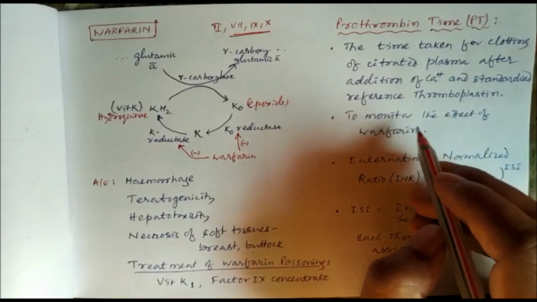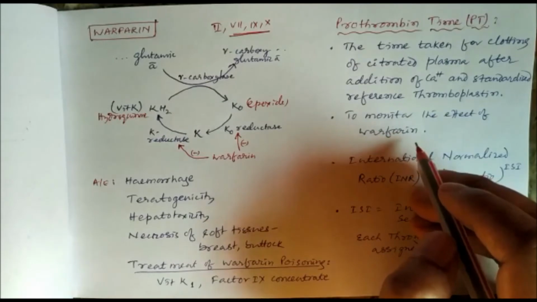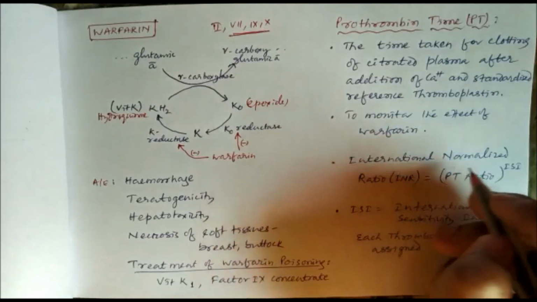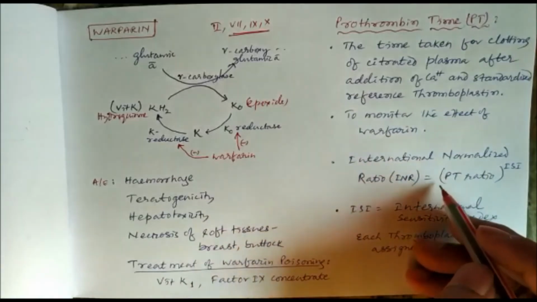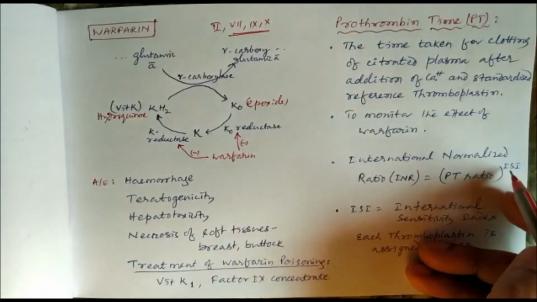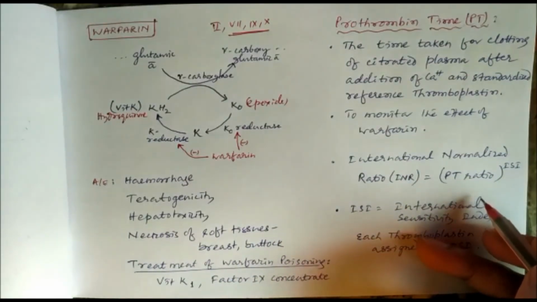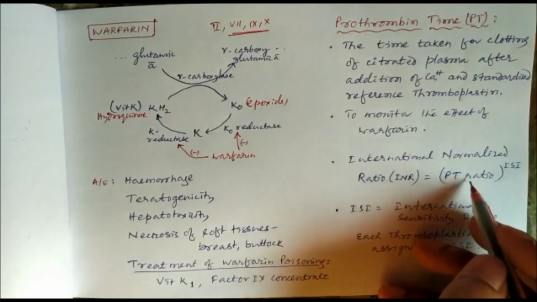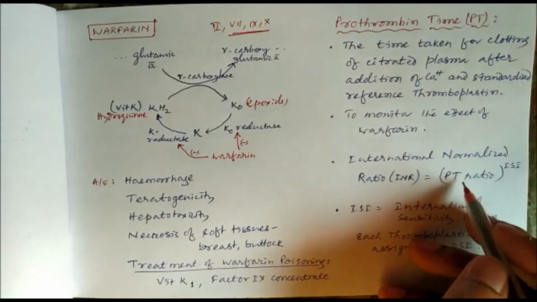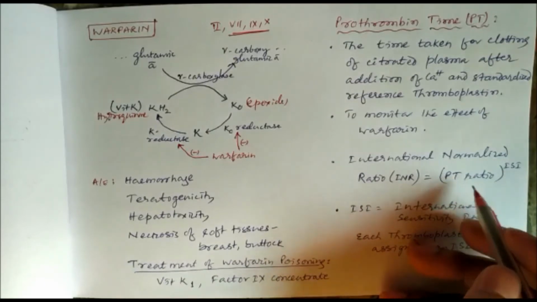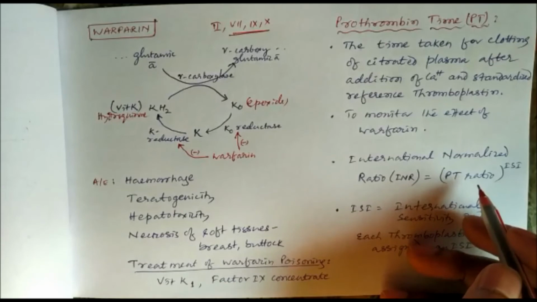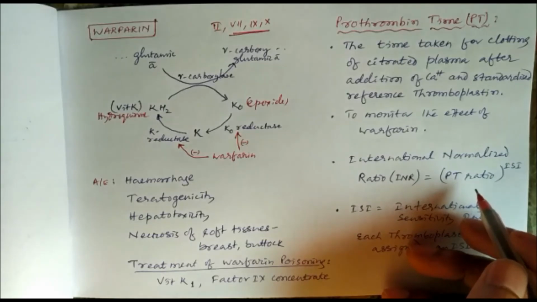This prothrombin time is usually used to monitor the effect of warfarin, and is usually expressed as the international normalized ratio, INR, which is PT ratio to the power ISI. ISI stands for International Sensitivity Index. The PT ratio is the ratio of the prothrombin time of the patient concerned, because it differs from person to person, to the normal prothrombin time, which is calculated as the prothrombin time of a pool of plasma from healthy subjects on no medication.